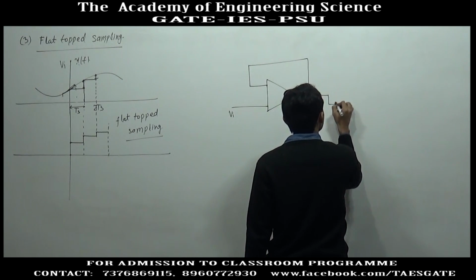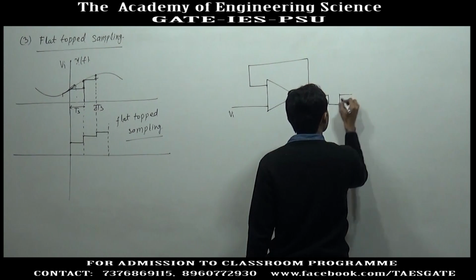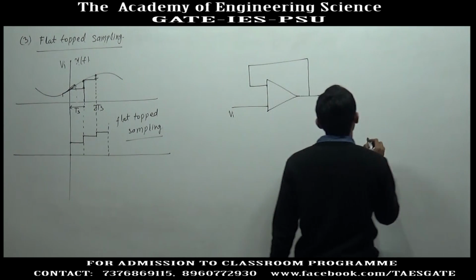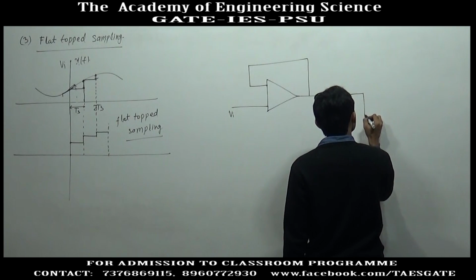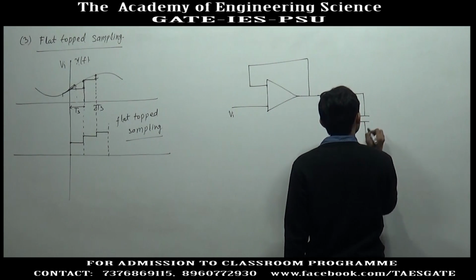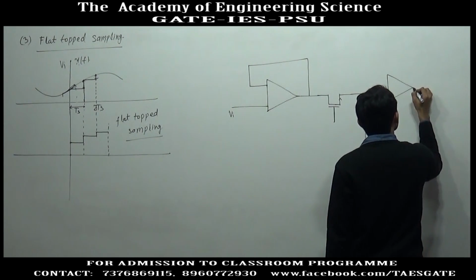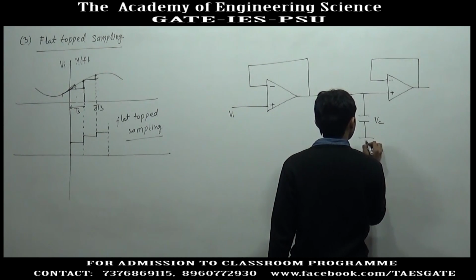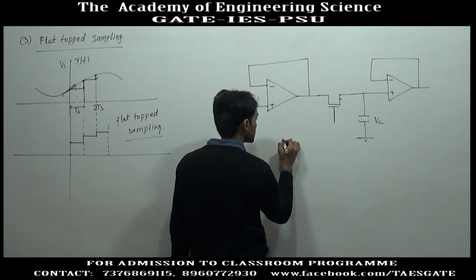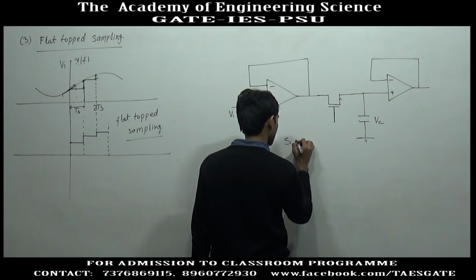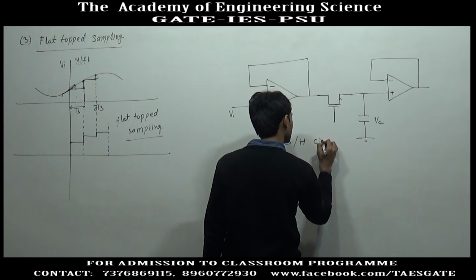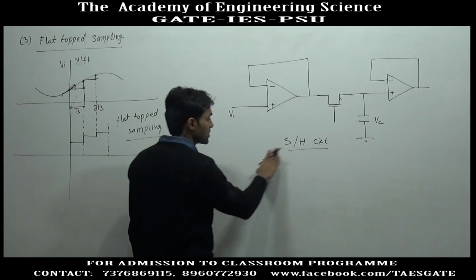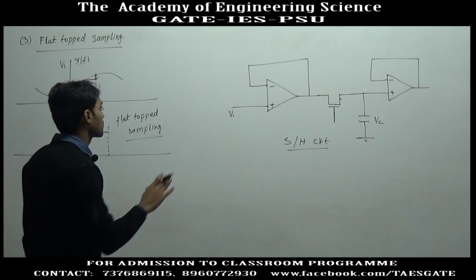Here we will have a switch, a MOSFET. This is the controlling signal. Again a voltage buffer. So, this circuit is called a sample and hold circuit, and I have drawn the simplest sample and hold circuit just to explain the concept.